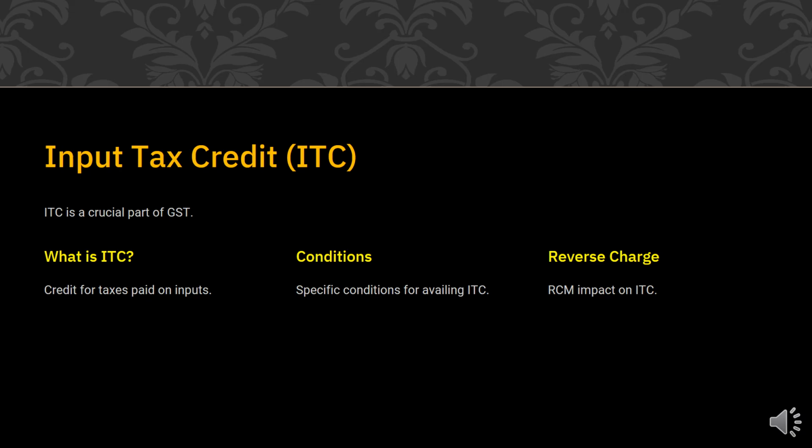Even if their revenue does not reach the threshold, anyone paying tax through the reverse charge system is required to register under GST. The reverse charge GST must be deposited with the government on the 20th of each month. Only intrastate transactions will be subject to the reverse charge mechanism.